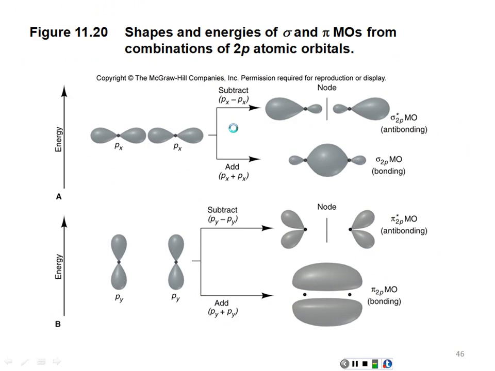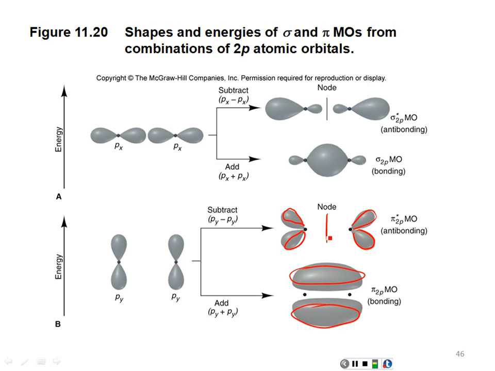If now we look at the 2p atomic orbitals, they can combine. If py and py interact, you'll notice that they're not end to end, so their interaction is going to be side to side. What that forms is a pi bond, so their density is going to be highest above and below the bonding axis. The pi anti-bonding is generally shown something like this.